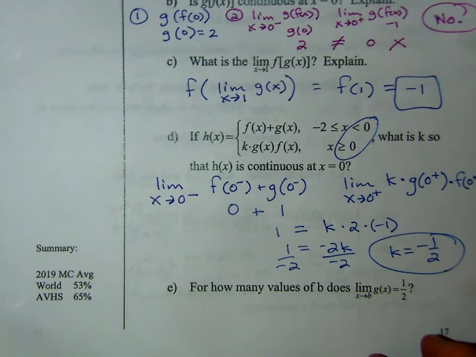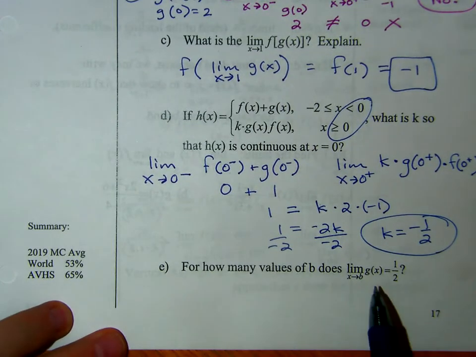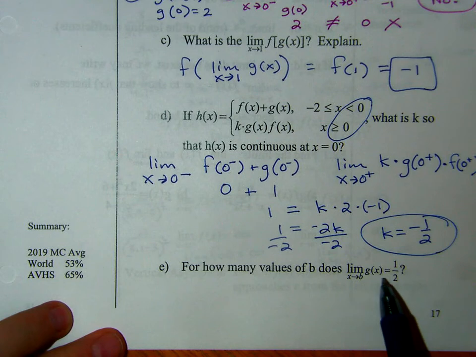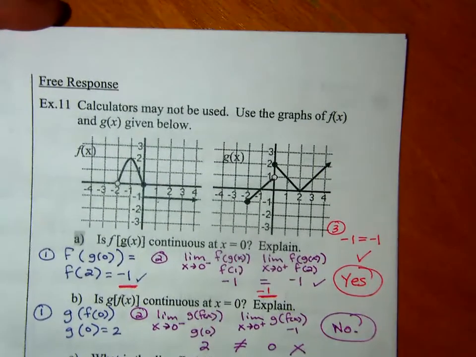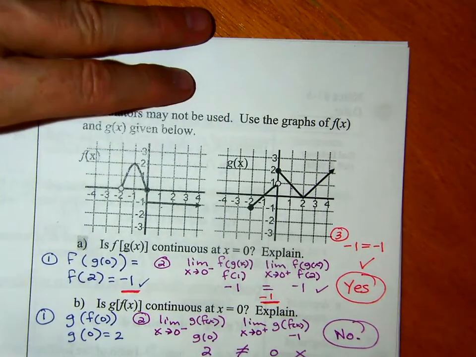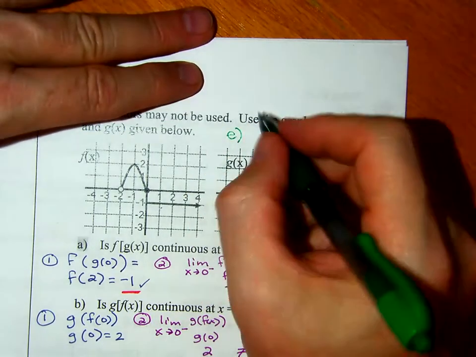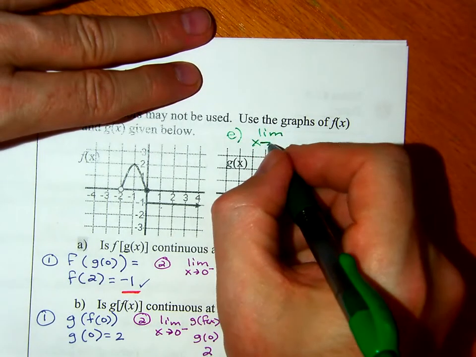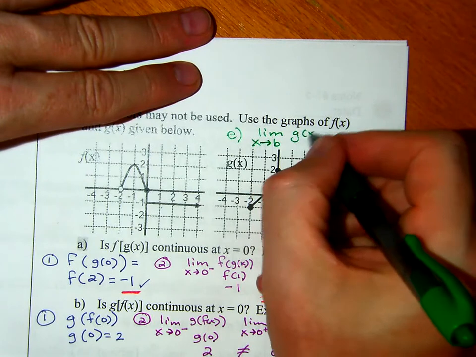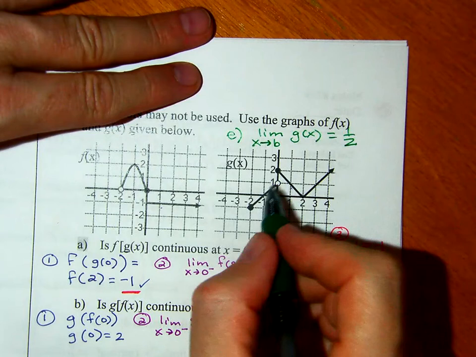All right, so last thing here, let's wrap this up. The limit of g of x equals 1/2 as x approaches b. So if we come back up here, I'm going to rewrite that up here so we can see it. The question, part E, was the limit as x approaches b of g of x equals 1/2. So what we want to do is look across here.